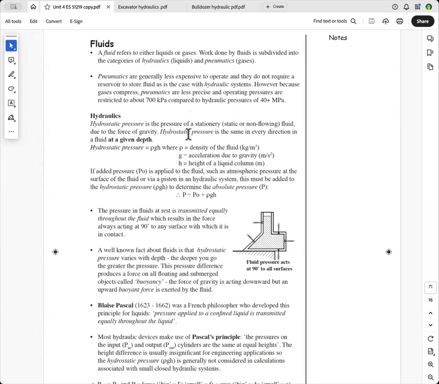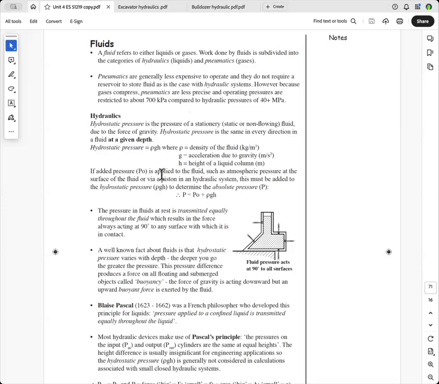Hydrostatic pressure, we'll just go through a few basics, is the pressure at a given depth of a fluid, and the pressure as you know, varies with the depth of the fluid, and you can get the hydrostatic pressure at any depth by multiplying the density of the fluid, which is in kilograms per cubic meter, gravitational acceleration, and the depth or the height that the object is at.